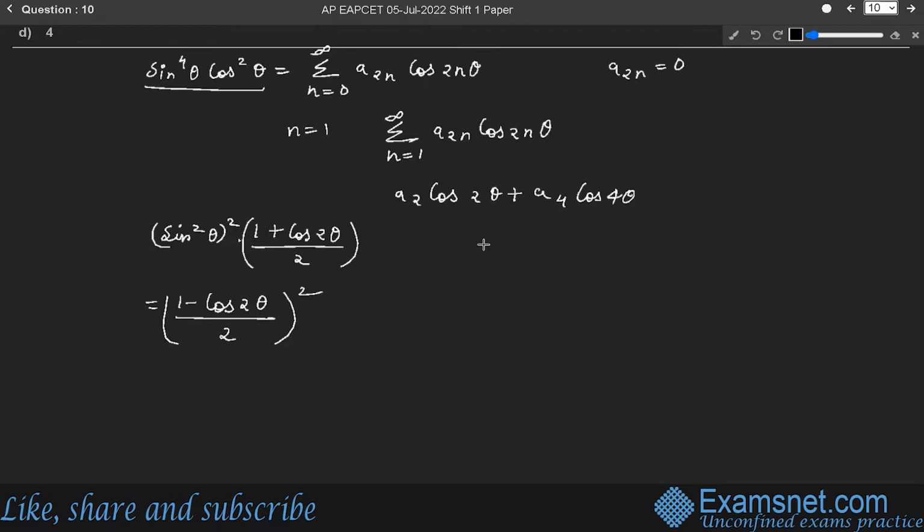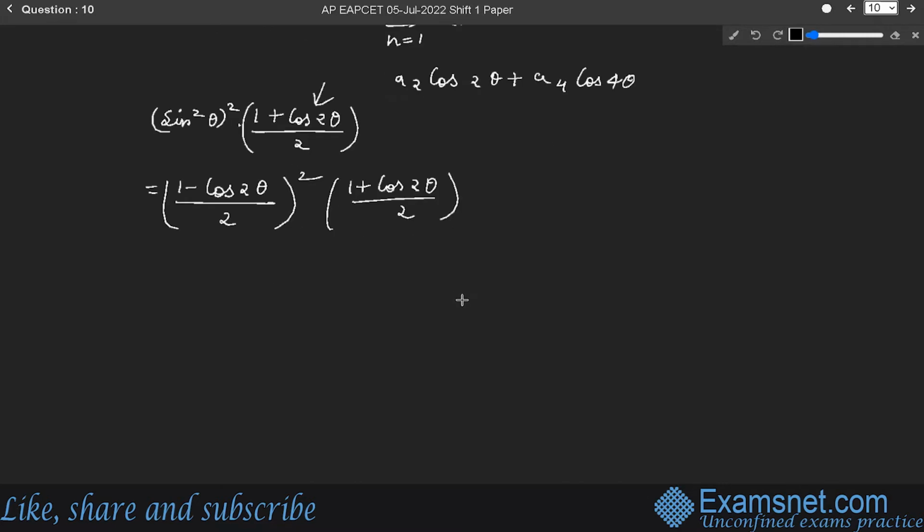But here, since another term is in the form of cos 2θ, we will apply the formula sin²θ is equal to (1 minus cos 2θ) upon 2, whole squared, into the second term, (1 plus cos 2θ) divided by 2.